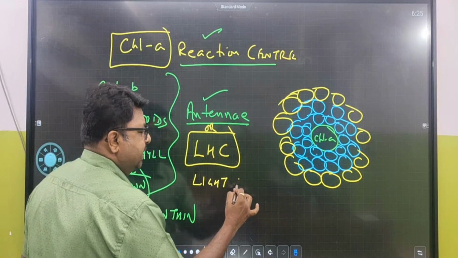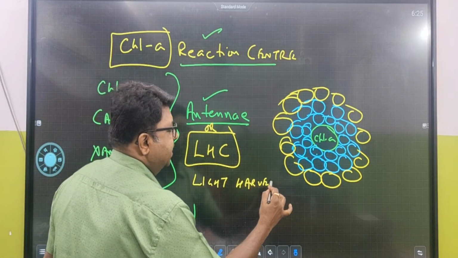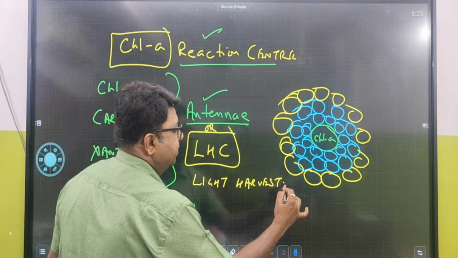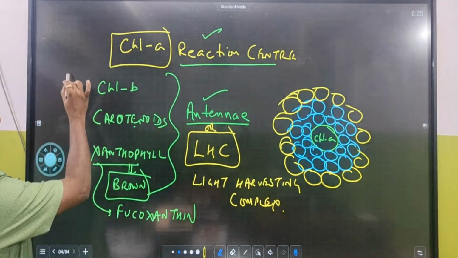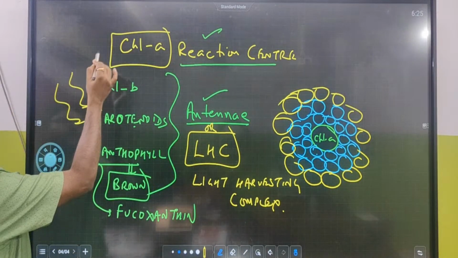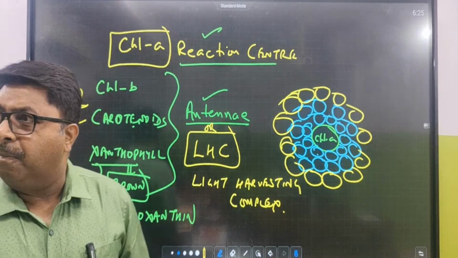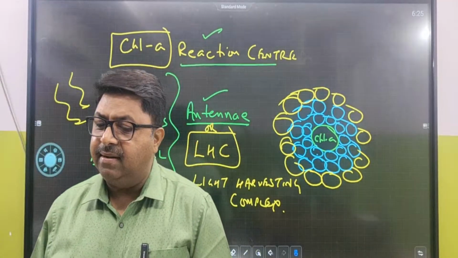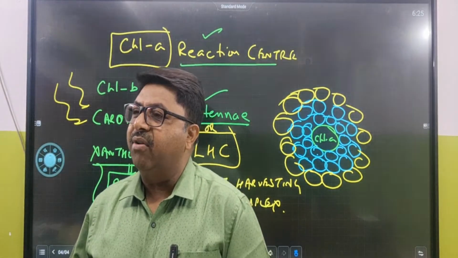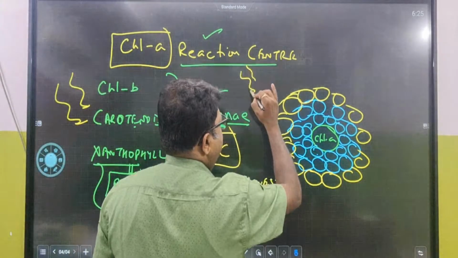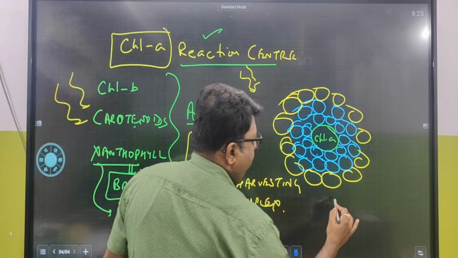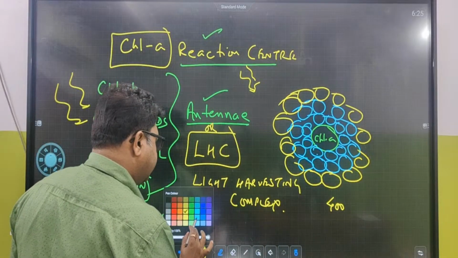What is LHC? So antenna are also called LHC. What is the meaning of that? Light harvesting complex. These antenna can take some lower wavelength than 680 or 700. For example, say the wavelength of light coming in is 400 nanometer.